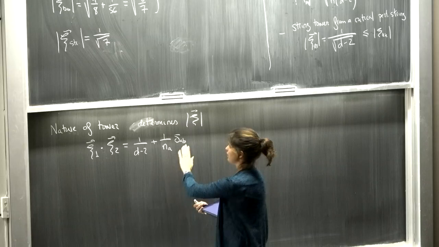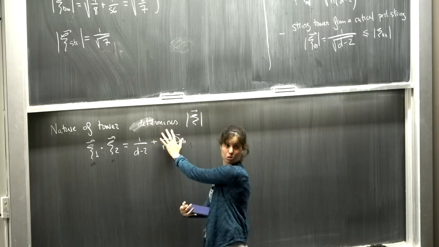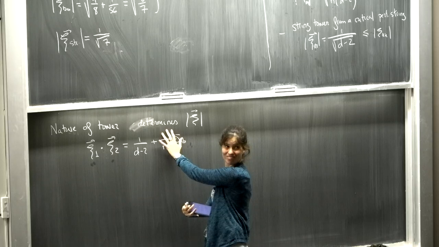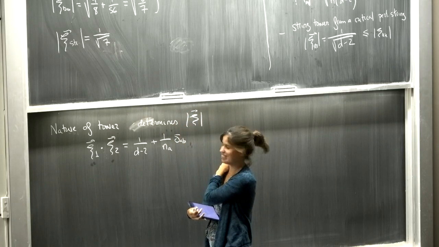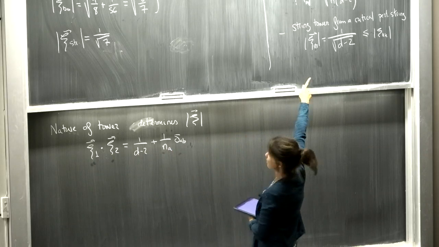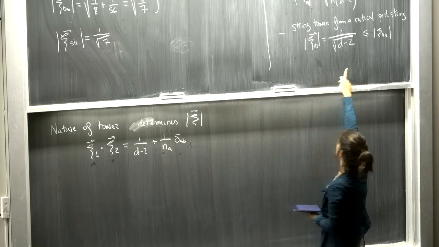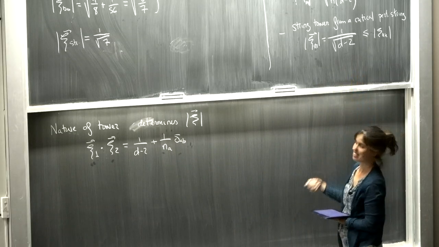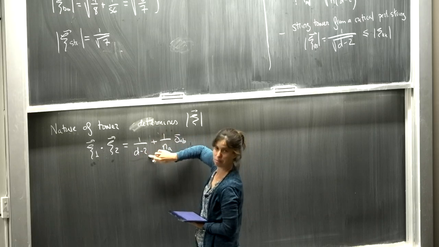If they are different towers, the scalar product is just 1 over d minus 2 in all the examples that are known, whenever we are talking about Kaluza-Klein towers and string towers in some frame. If it's the same tower, there is an extra factor to recover that length, so 1 over d minus 2 plus 1 over n is precisely that. But this is very powerful: if they are different, it's just fixed by the dimension of the space-time.